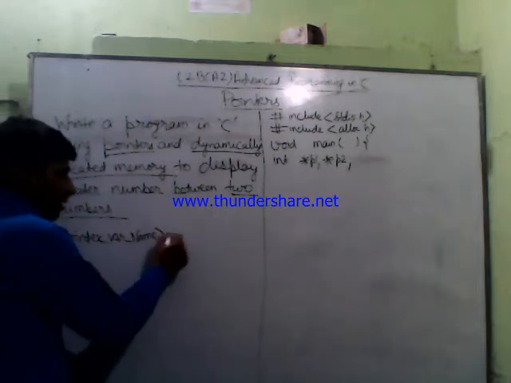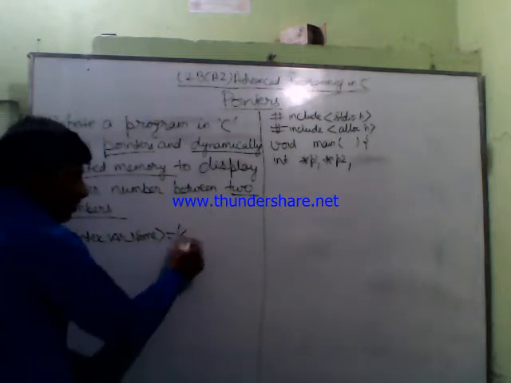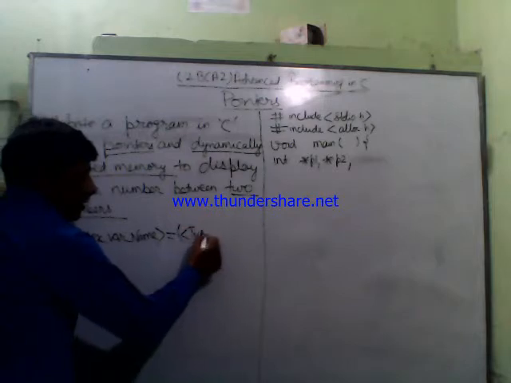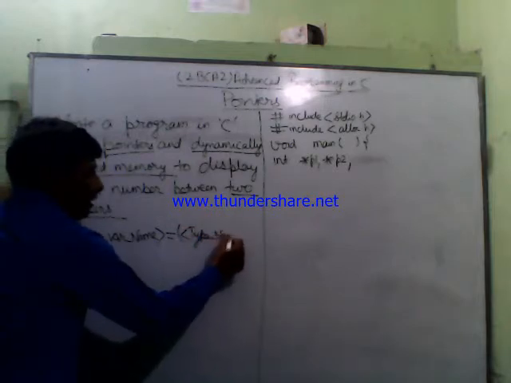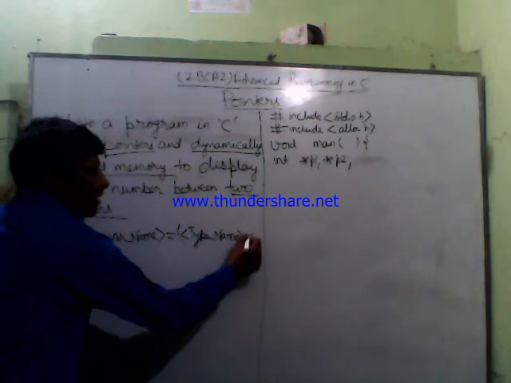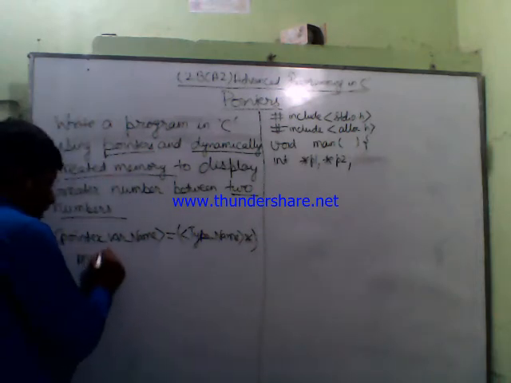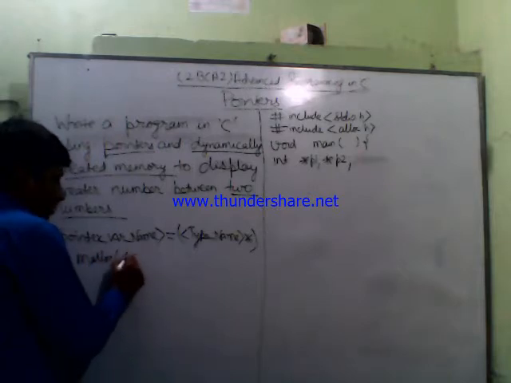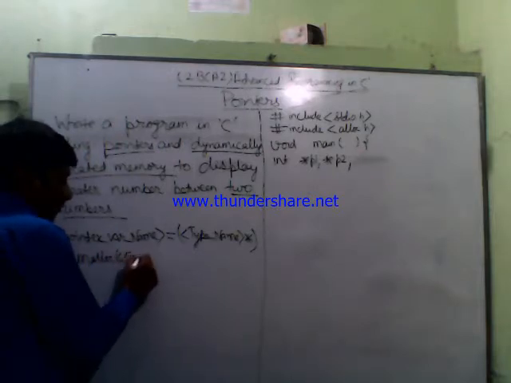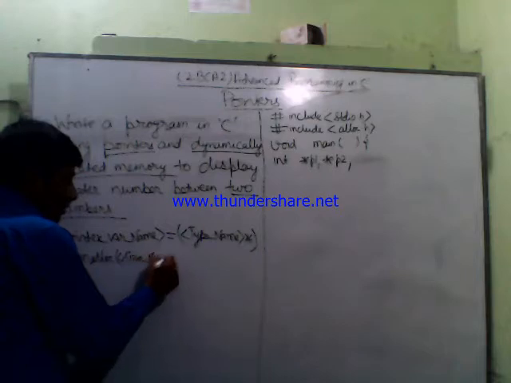pointer var name is equal to type name, asterisk, parenthesis close, malloc, size of memory within the parenthesis.